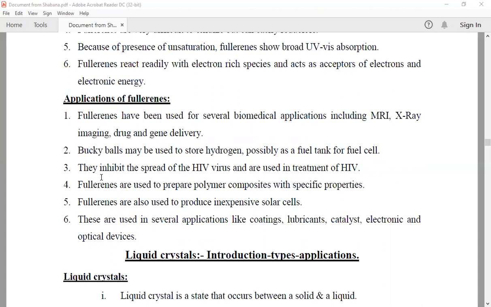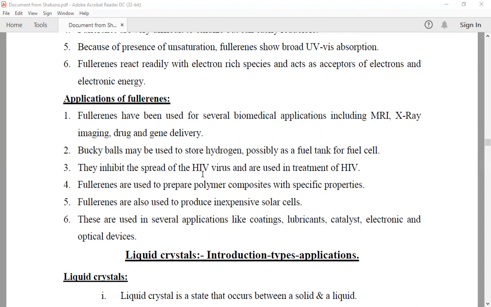And fullerenes are used in the medical field. It inhibits the HIV virus because C60 inhibits a key enzyme in the human immunodeficiency virus known as HIV-1 protease, which could inhibit the reproduction of the HIV. That means this fullerene is used in the treatment of HIV to inhibit the spread of the HIV virus.